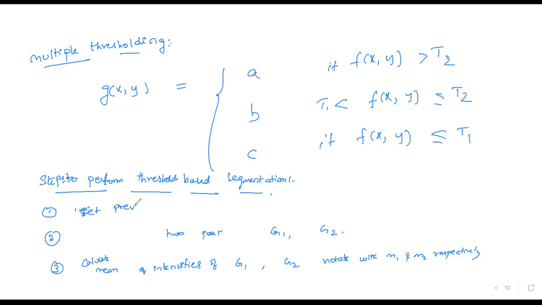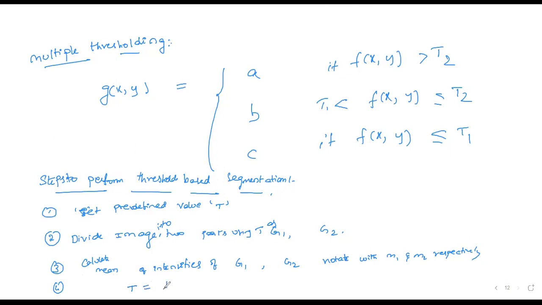Set a predefined value T. Divide the image into two parts using T as G1 and G2. Calculate mean intensities now. After calculating mean intensities, now set the new threshold value.